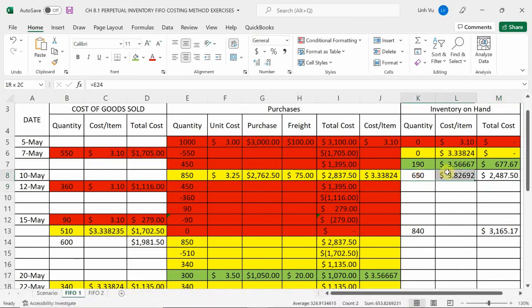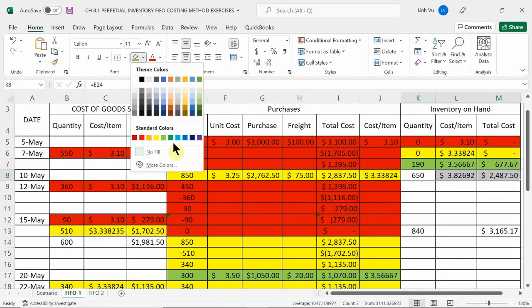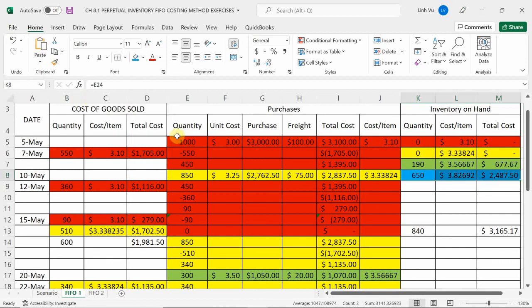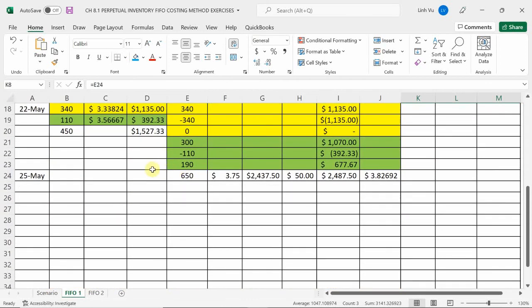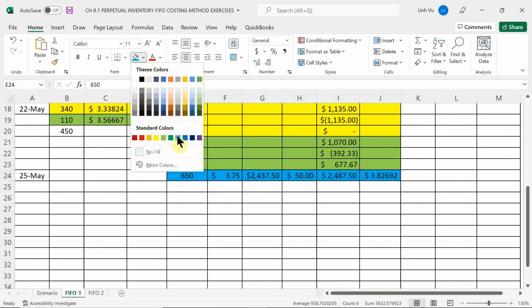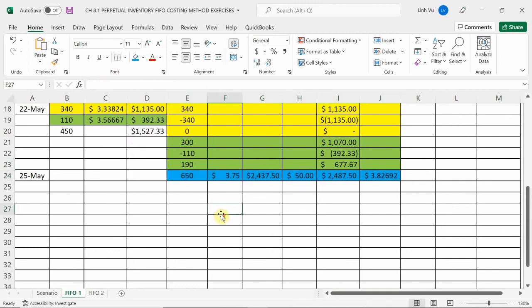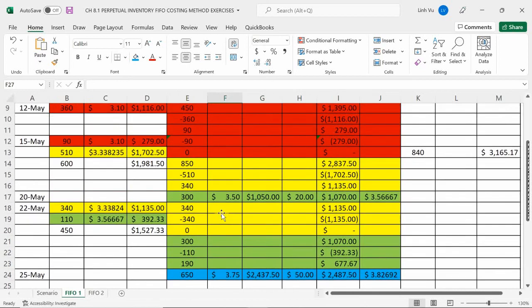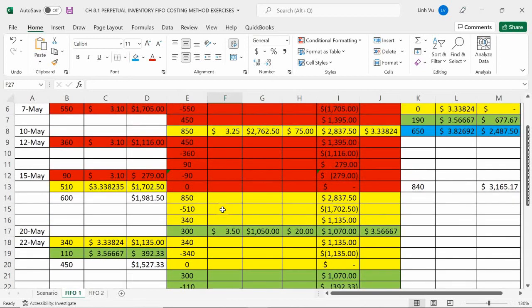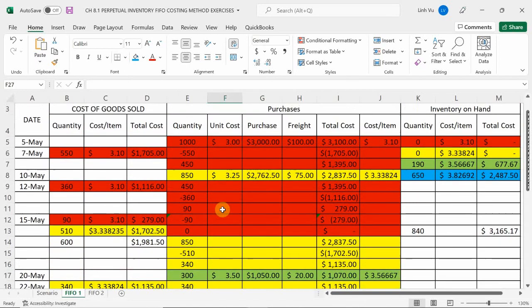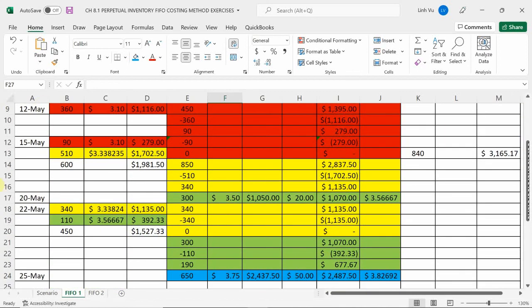And I'm going to color code this one more time just so that we can follow along. So I color code it blue. All right, so now I have a total of 840 units available to sell.